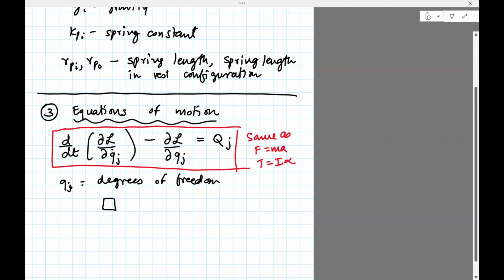So if you have a block which is moving, q will be x. If you have a pendulum, q will be theta, and so on, right? So that's how you describe the motion. And then this capital Q_j is basically the external force.